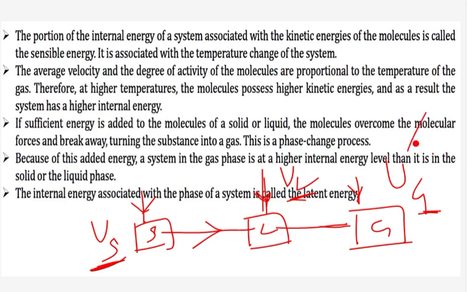This one, gas, because the internal energy has come because of adding these heats only, the heat transfer only, and that has been stored in these molecules only. So its temperature has increased. Obviously the temperature will increase from solid to gas. Now temperature is increasing, the kinetic energy will increase, and hence it will have higher internal energy.